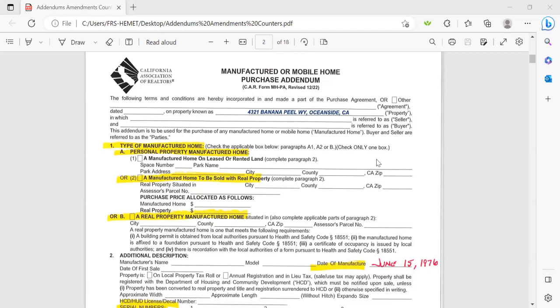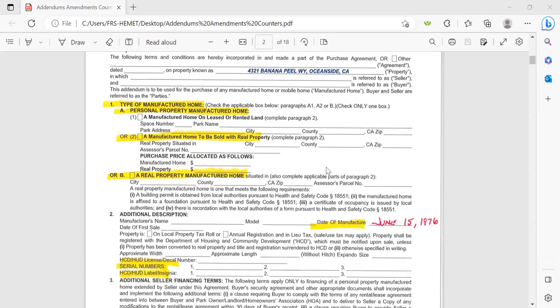It doesn't matter whether it's a manufactured home, a stick-built home, or a condo. It is a residence. If there's a manufactured home and you check that box, it is going to automatically add to your contract, because we have to let people know that it's a manufactured home, and it requires an addendum to identify that.